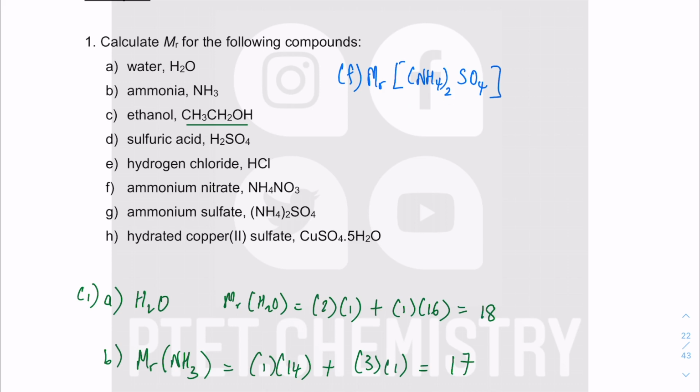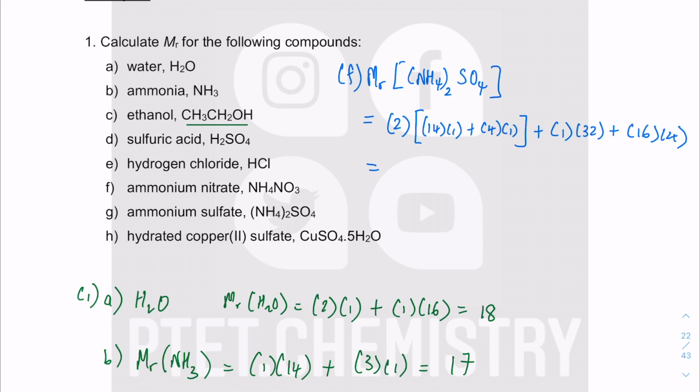This means there are 2 of these ammonium, so I'll put the 2 outside, multiply by whatever is inside. I have 14 times 1, because I only have 1 nitrogen. I have 4 hydrogen, so 4 times 1, close bracket, and now I'm outside, so there's 1 sulfur, so 1 times 32, plus 16 times 4, and then do the thing inside the bracket first.